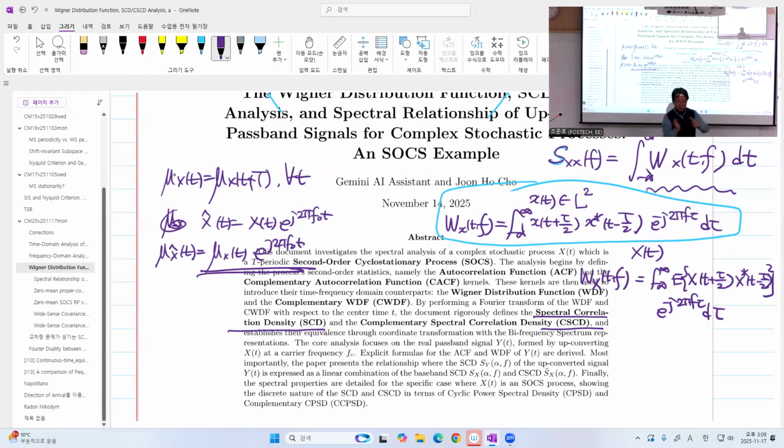That means upconverting to plus FC, adding the conjugate shifted left by negative FC, to get a real bandpass process. That's what we do in most man-made radio wave signals and engineering. Got it? That's why this makes sense and is worth investigating.